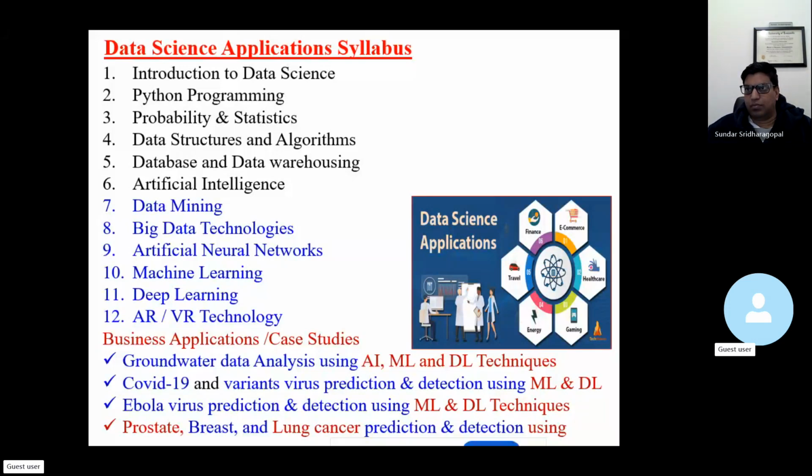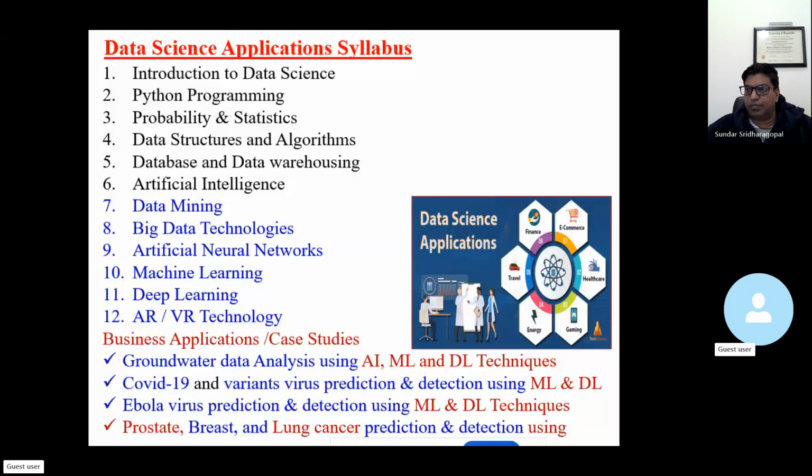Then comes augmented reality and virtual reality. In order to process audio data, video data, text, graphics, animation kind of data, that is multimedia data, we are using various AR, VR techniques and tools.